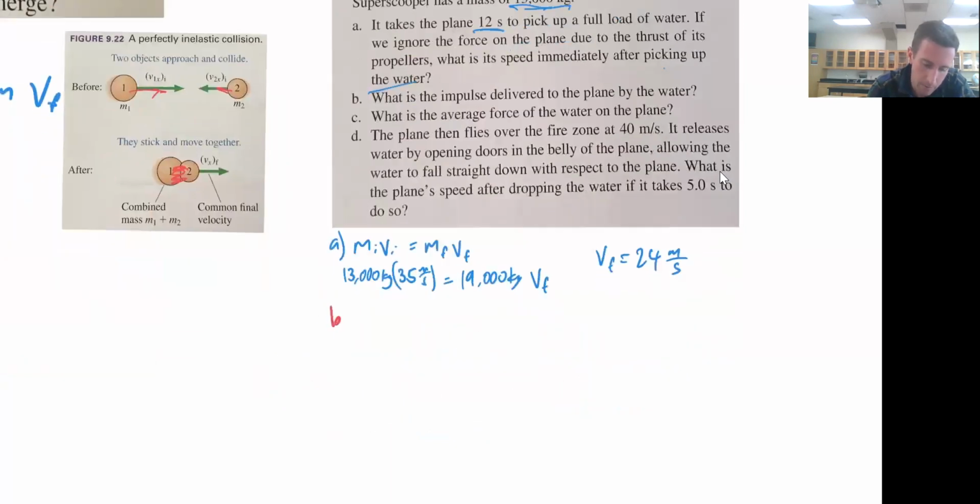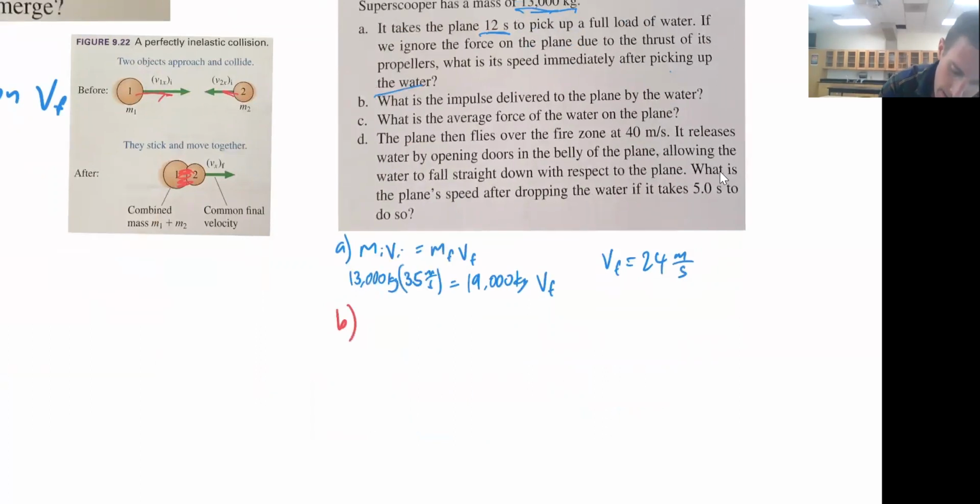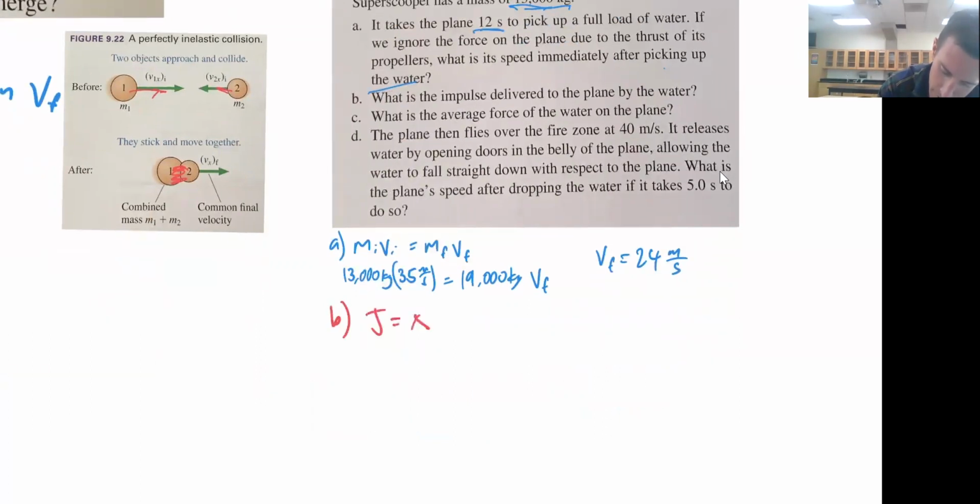So for part B, I know that the impulse is equal to the change of momentum, which is equal to the mass of the plane times the change of velocity, which would be velocity final minus velocity initial.